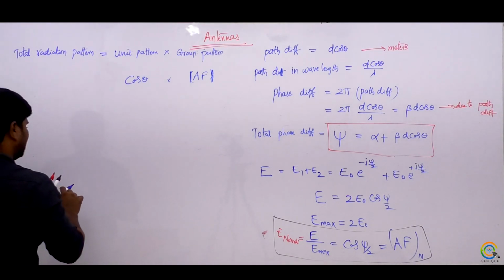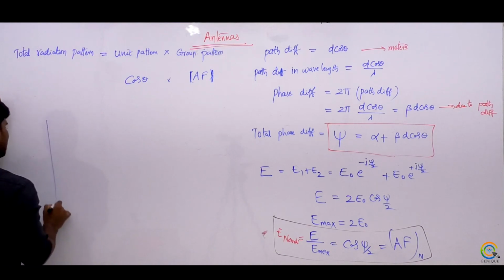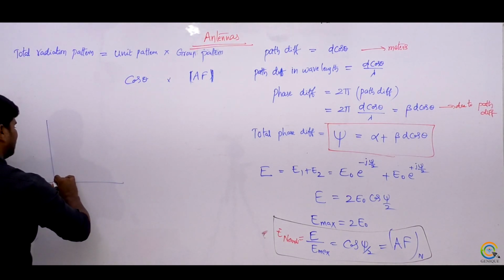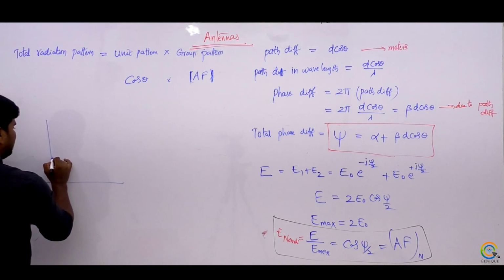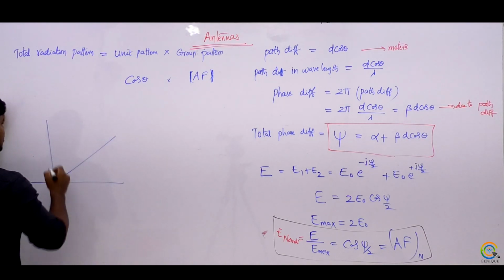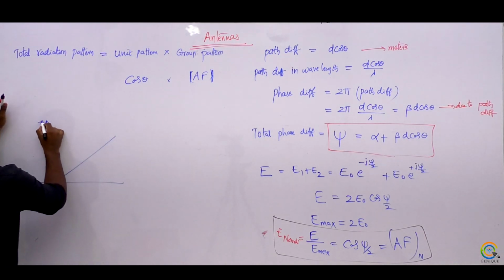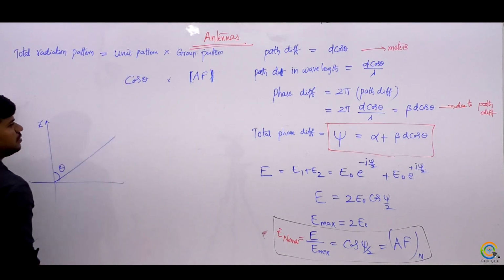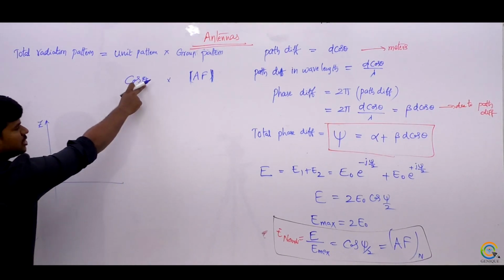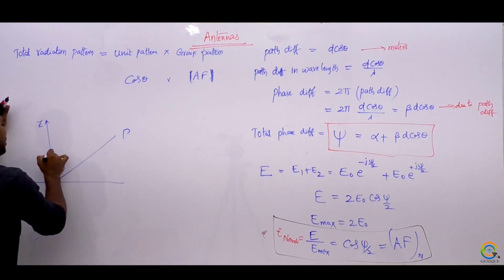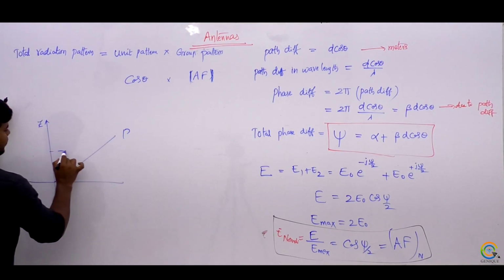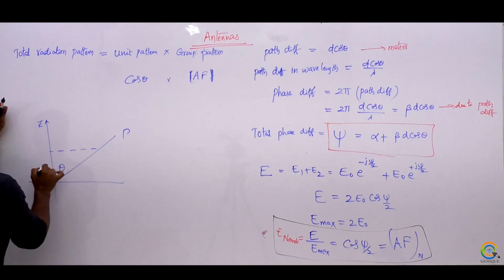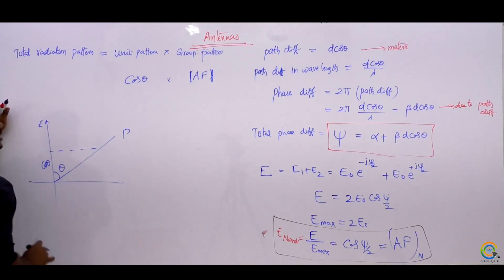Why? If you observe this, let us suppose this is Z, and this is theta. Here the radiation intensity at this place is dependent on this cos theta.